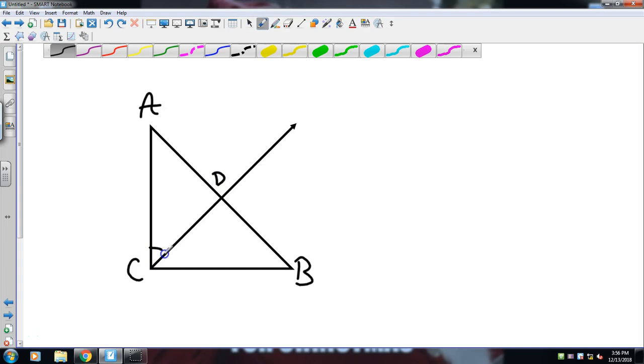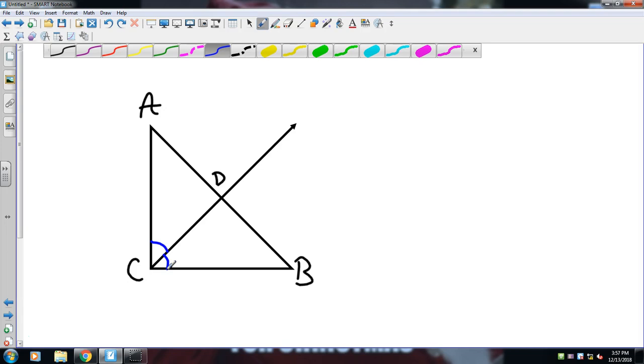The bisector means that those 2 angles right there are congruent. Okay, and so if the ray bisects the angle, which is CD in that case, and it divides the opposite side into segments whose lengths are proportional.